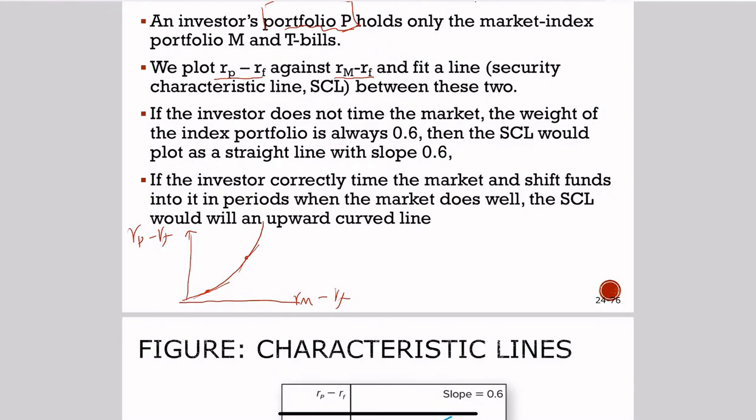This is market timing, right? Because you can see that if the excess return is 10%, the manager is allocating more money compared with when the market excess return was 5%. This precisely says the manager can time the market. That is, if the market increases more, the manager is successfully putting more money into the market, right?